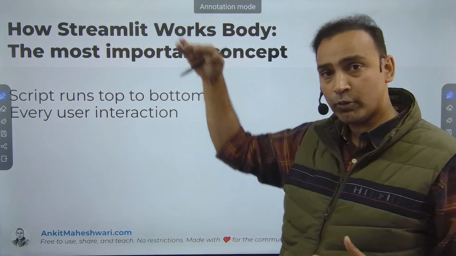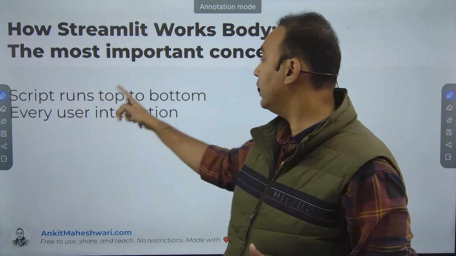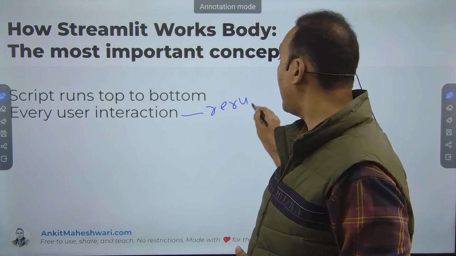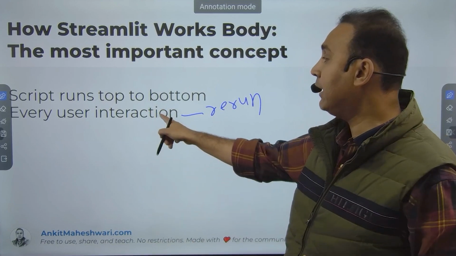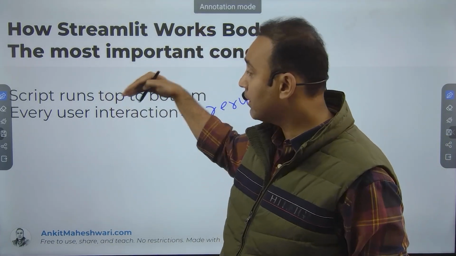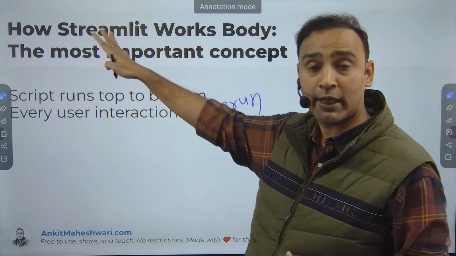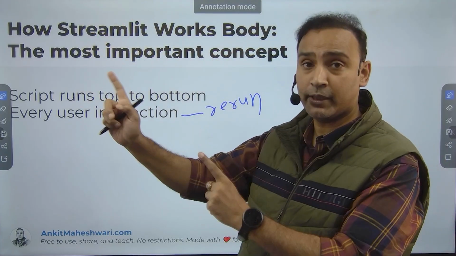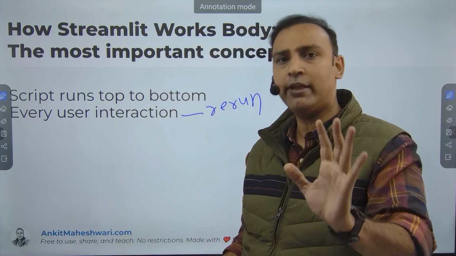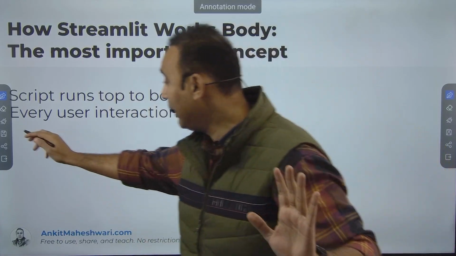Script runs from top to bottom, and every user interaction causes a rerun of the entire script. Every user interaction. But Streamlit is very smart. It keeps the previous values of those interactions intact, so that the user experience, and user experience is super important, is very smooth and very consistent also.